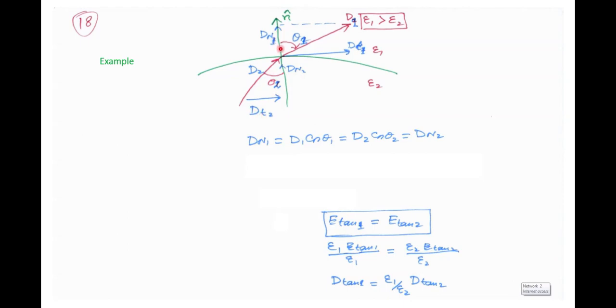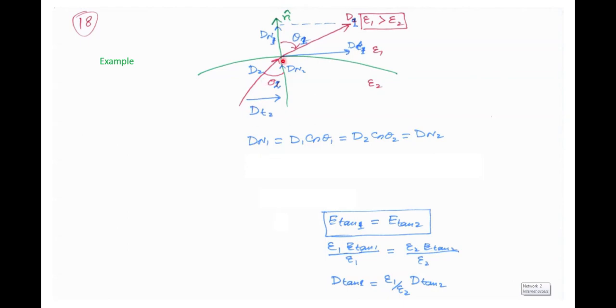Similarly, the total D field is represented by a red arrow. So this D1 field also splits into two components, Dn1 and Dt1.